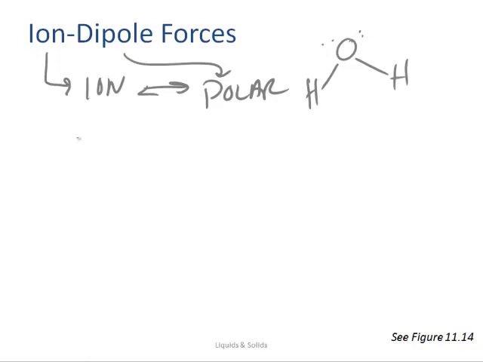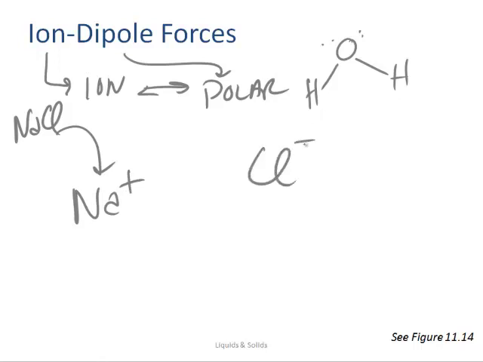So when you introduce, say, an ionic compound like sodium chloride into water, it actually dissociates, or becomes a sodium cation and a chloride anion. Okay, now, why did it dissociate?